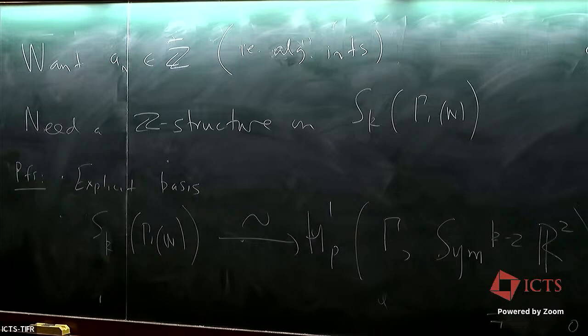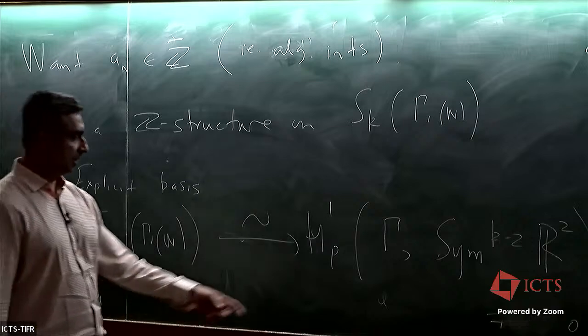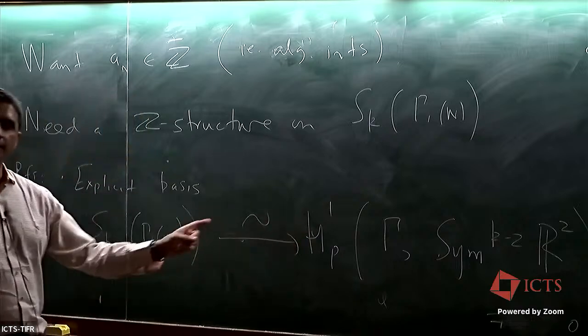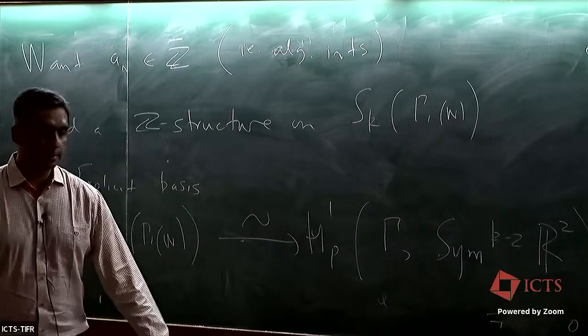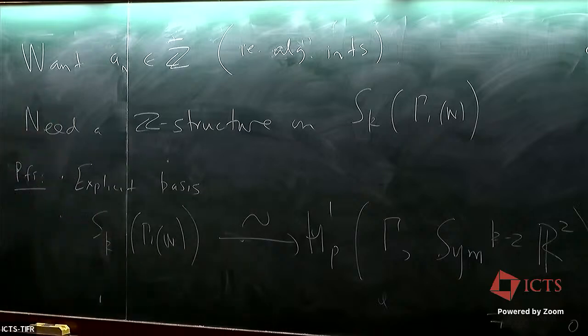So that Z structure shows you that the Hecke operators actually have entries with coefficients in Z. By the way, this is a Hecke-equivariant isomorphism. I'm not defining it, but it's basically given by some integration. Very standard thing. So that's the second proof.